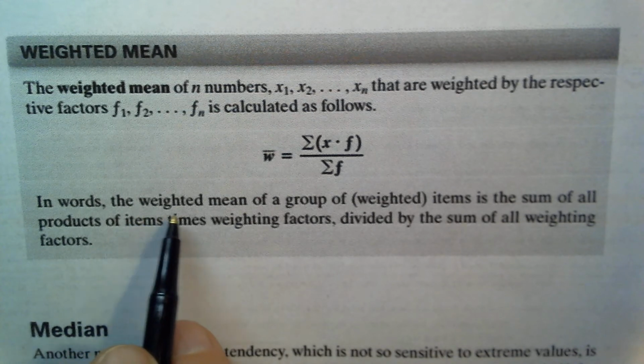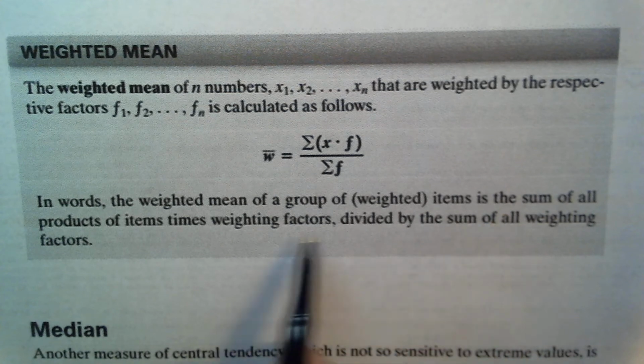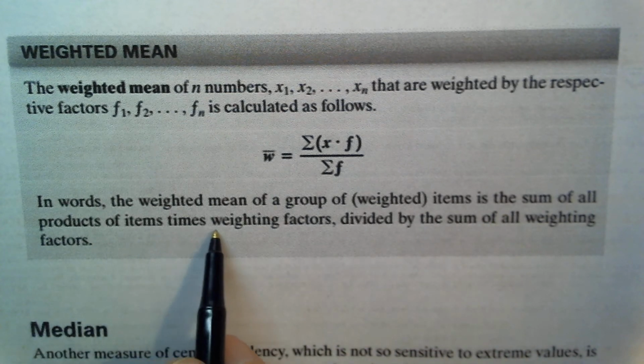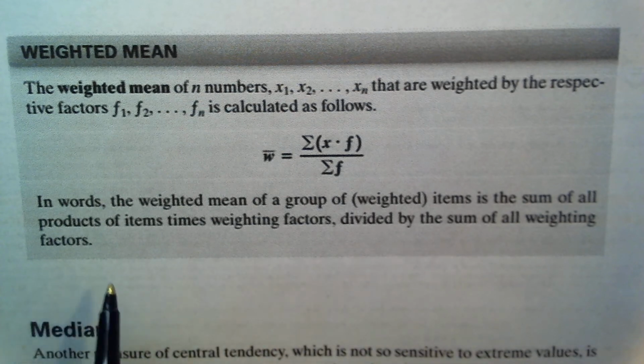In other words, the weighted mean of a group of weighted items is the sum of all products of items times weighting factor, divided by the sum of all the weighting factors. To explain this a little bit, we will look at an example.